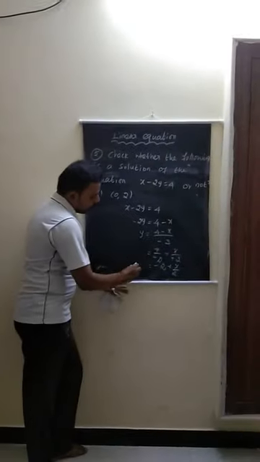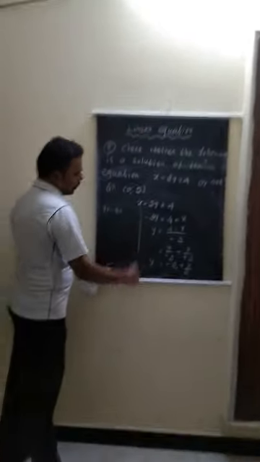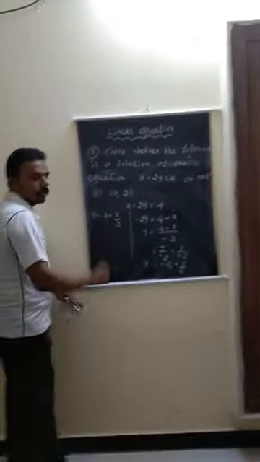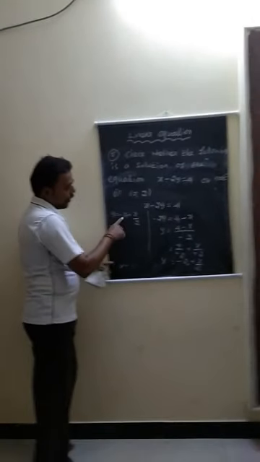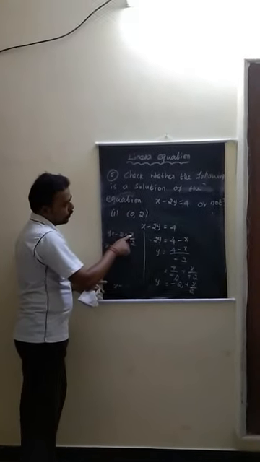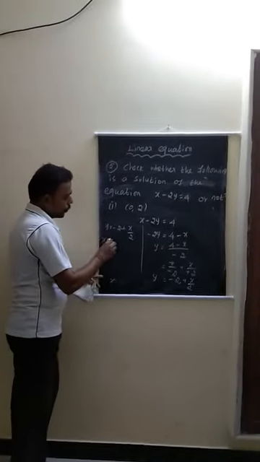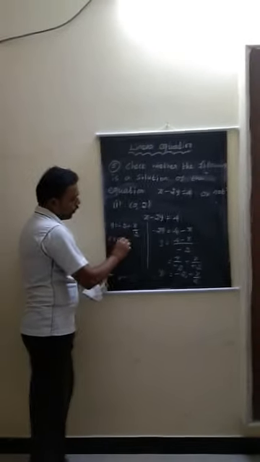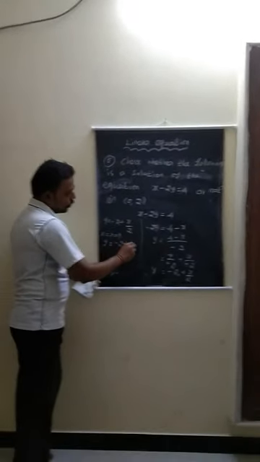So now y equal to minus 2 plus x by 2. The x value is given. If x is equal to 0, we need to get y value 2. So x is equal to 0 implies what happens? y equal to minus 2 plus 0 by 2.